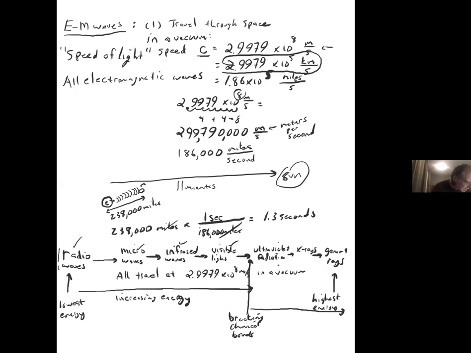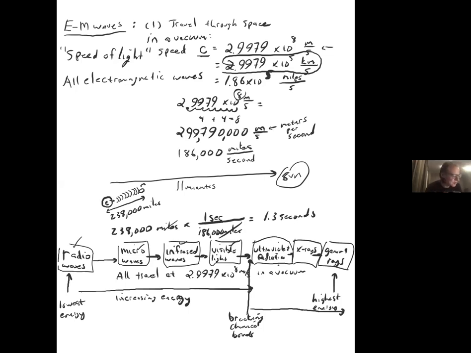So those are the, what are there, 7 of them? 1, 2, 3, 4, 5, 6, 7. From radio waves to gamma rays, those are the 7 types of electromagnetic waves. And those are the 7 you should be aware of. And you should also be aware of the fact that the energy is increasing as you move from radio waves to gamma rays. So if the question were, which has more energy, visible light or microwaves, the answer would be visible light. It's further to the right here. So visible light has more energy. Okay.